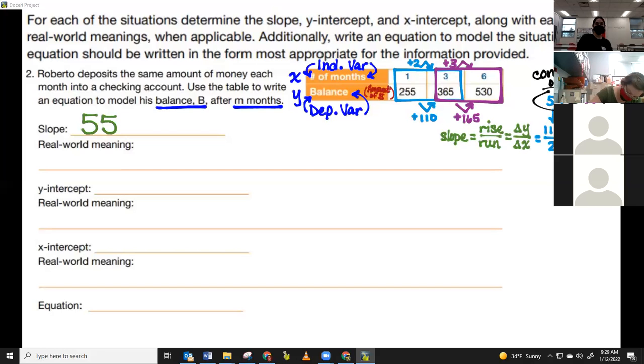So Roberto adds or deposits $55 just one time.